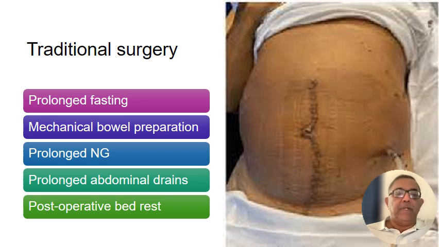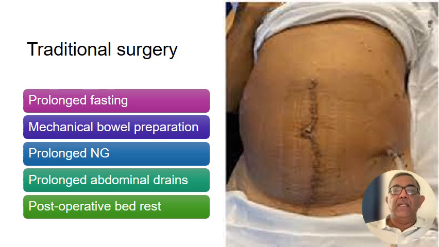Mechanical bowel preparation is definitely not required. Prolonged nasogastric tube is counterproductive and it causes paralytic ileus. The drains are either not placed at all, but if they are, they should be removed as early as possible. And postoperative bed rest, which was the standard of practice after major abdominal surgeries in the past, is now replaced by early mobilization.